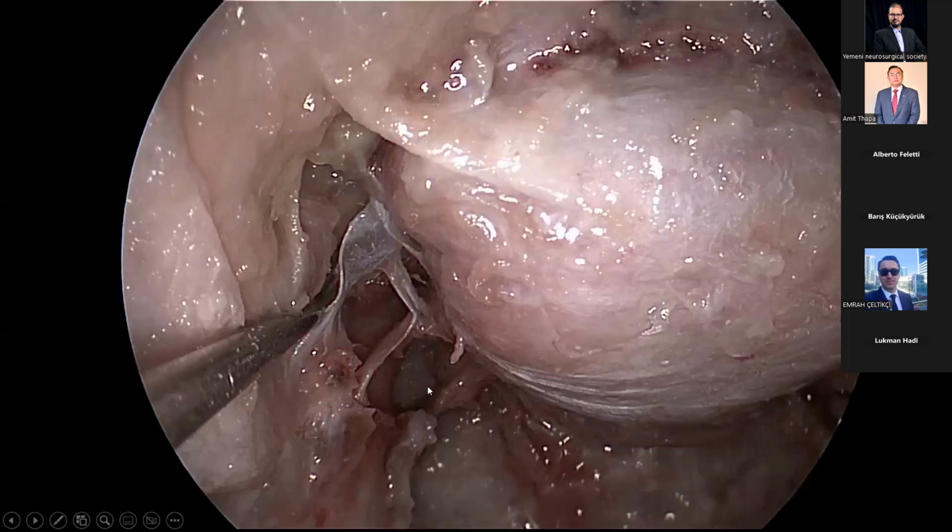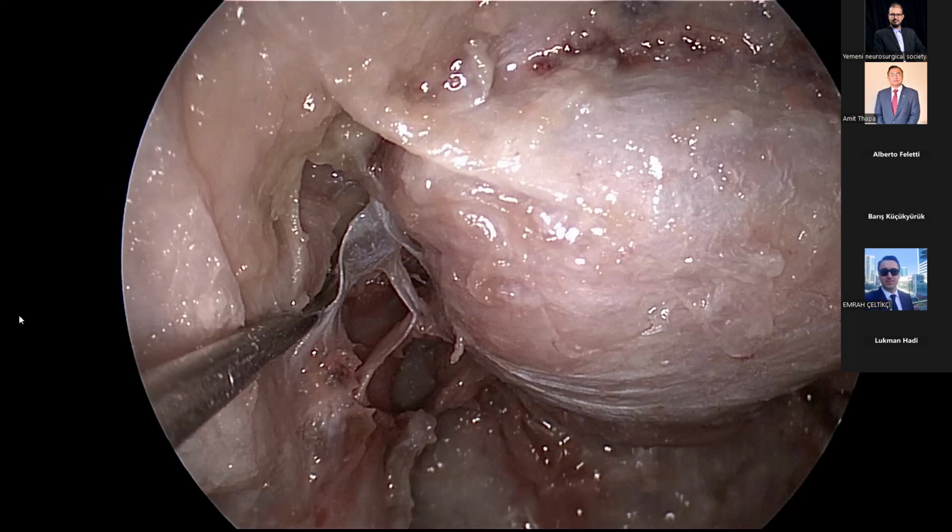Okay, but there's a paper from the Pittsburgh group, and they defined the ligaments of the cavernous sinus. The cavernous sinus is a venous system, and ligaments are defined in it. But in pituitary cases, you cannot see these ligaments as they mentioned.